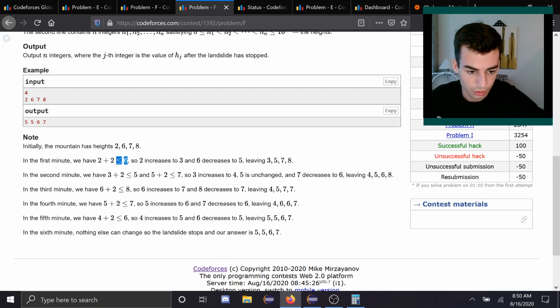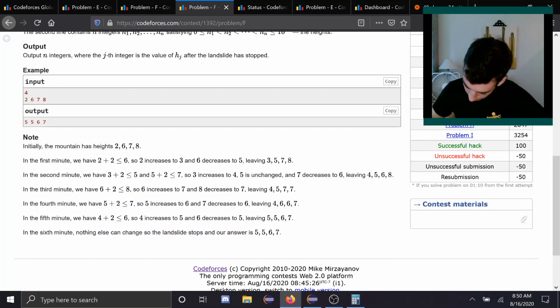Two plus 2 is less than or equal to 6. Well, two, 6, 7, 8. Then 3, 5, 7, 8. And 4.